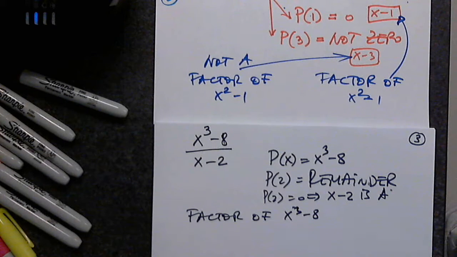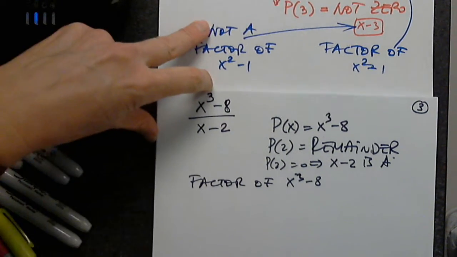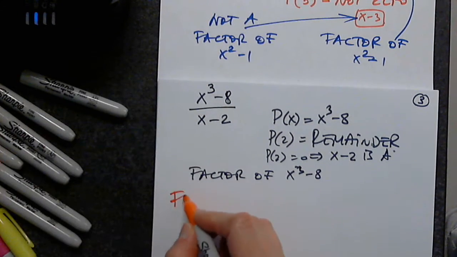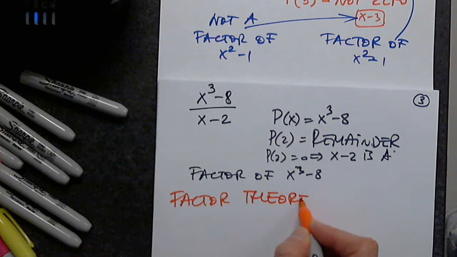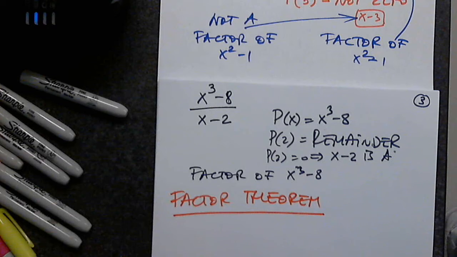Okay, so let's look at a few applications. We are still in 3.3. Use the factor theorem. So one more time, let's put them in writing. The factor theorem, and then the remainder theorem.